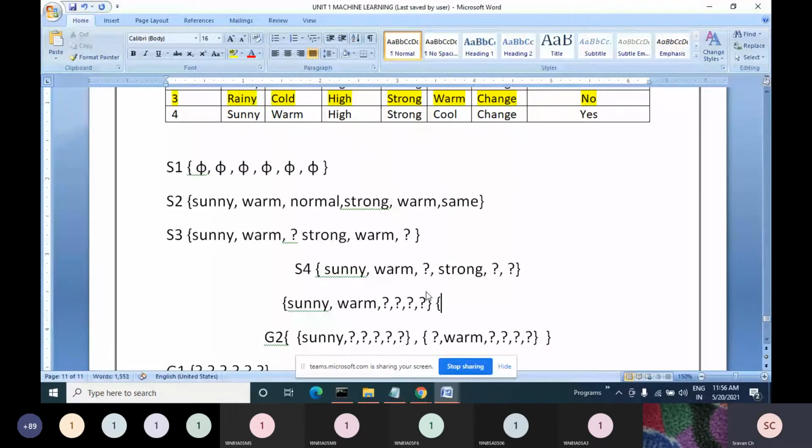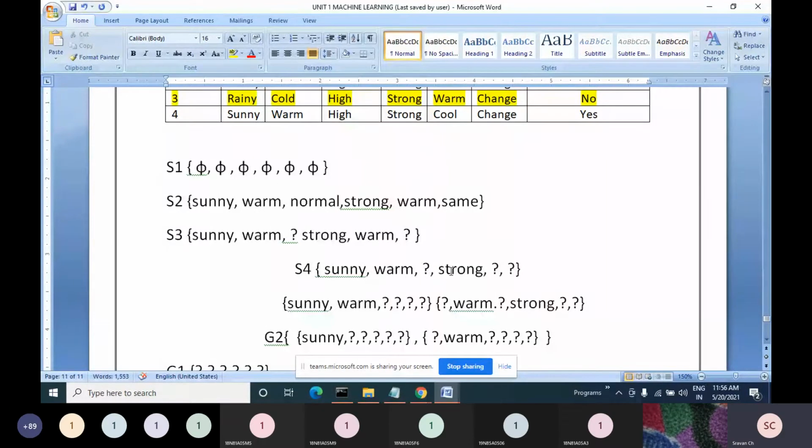Similarly, I can write like this: question mark, warm, question mark, strong, question mark, question mark. So I am modifying from S4, trying to create multiple combinations. How can I create multiple combinations? Because G2 is allowing me to do so. Suppose sunny, warm and strong. In S4 I have 3 values: sunny, warm, strong. Remaining 3 are question marks. So from S4 I can derive something like this: sunny, warm, question mark.